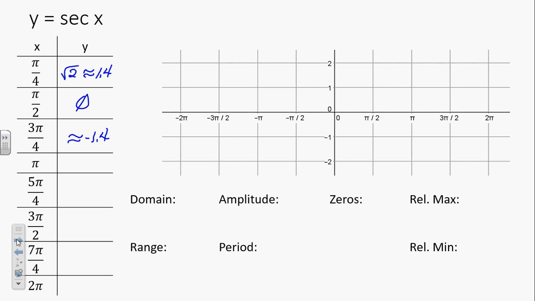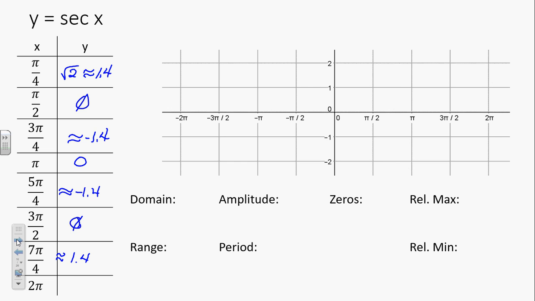Pi: that's a 0. 5 pi over 4, 3 pi over 2, and then 7 pi over 4. Positive now because we're in the fourth quadrant. Cosine and secant are positive there. And then 2 pi: 0.